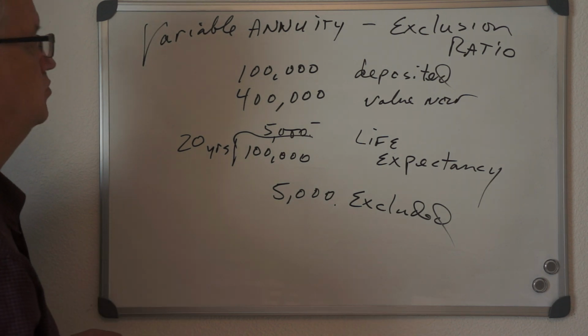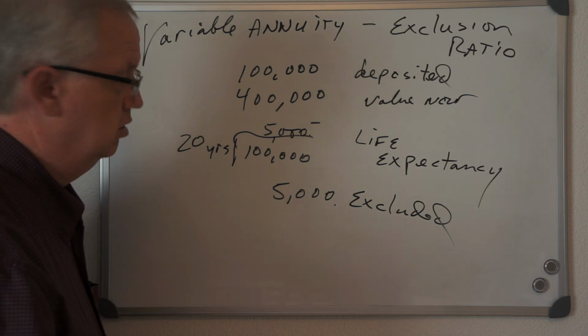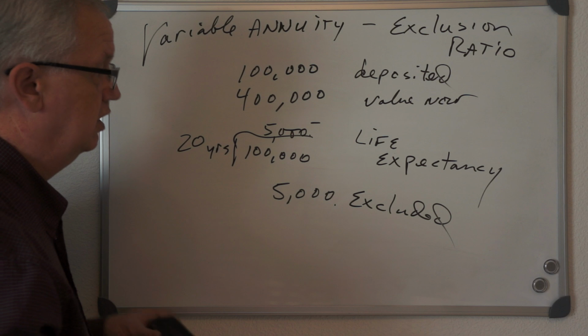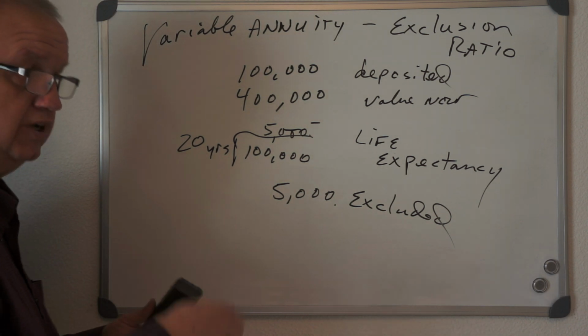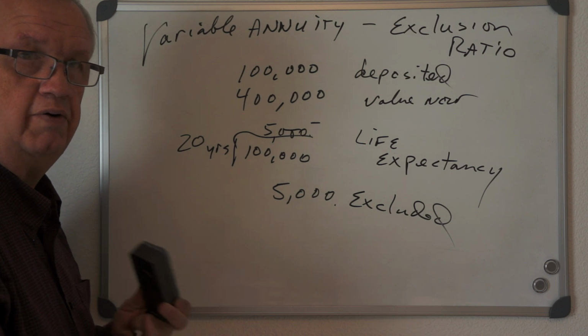Okay? So whatever the money that comes out to him, 5,000 of it every year is going to be excluded from taxes. The rest will be ordinary income. Okay? Ordinary income.